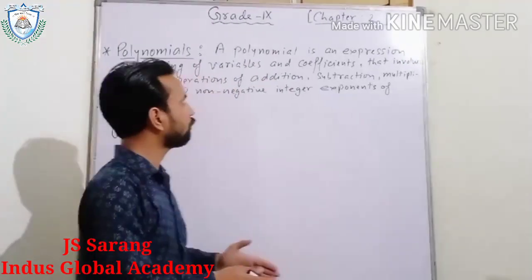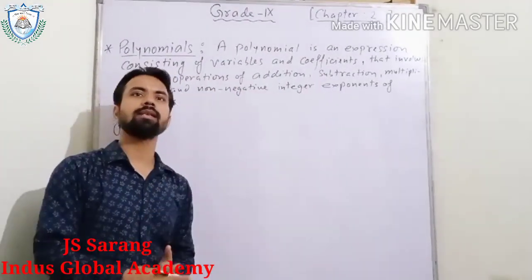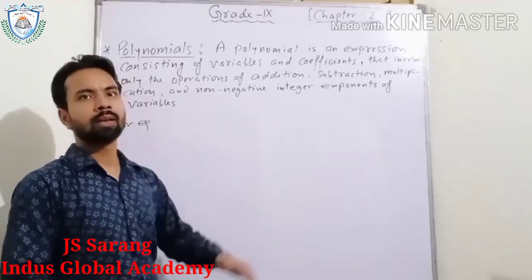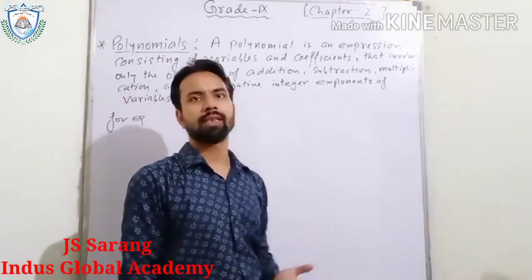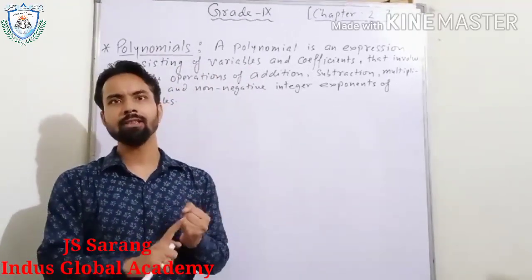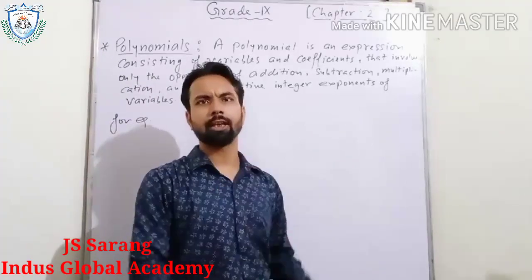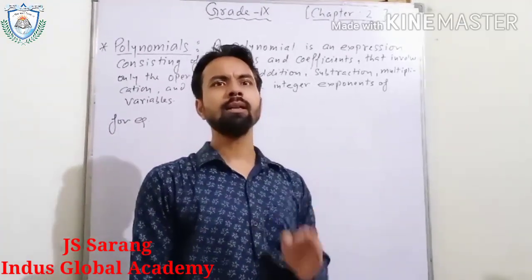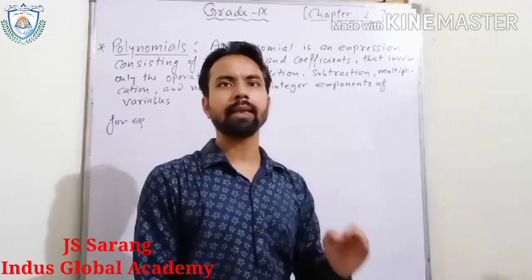So what is a polynomial? First of all, it is an algebraic expression that consists of variables and coefficients, that involves the operations of addition, subtraction and multiplication. And the exponent of the variable should be a non-negative integer.